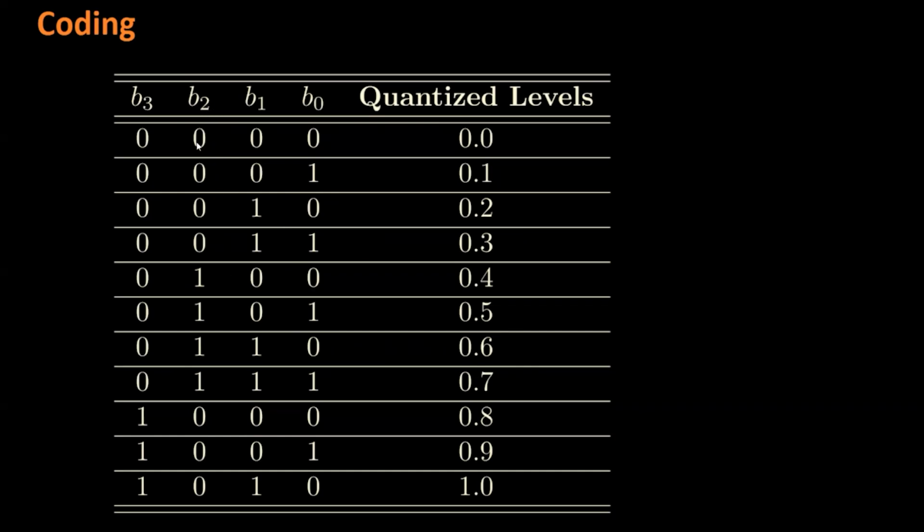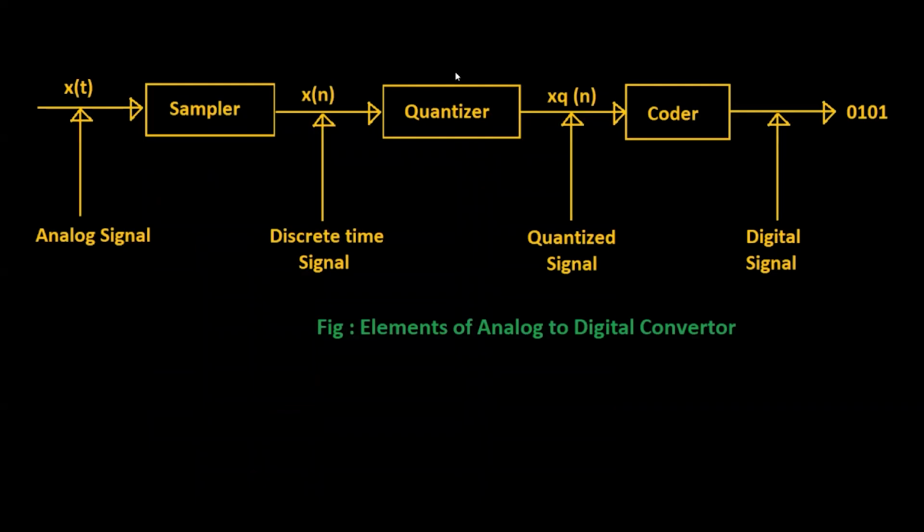Now, coding is usually not discussed in great detail in many textbooks because in most practical cases, we can perform digital processing directly on the quantized signal as well. However, it is important for you to understand how coding is actually performed because it is the simplest but essential step in the analog to digital conversion process.